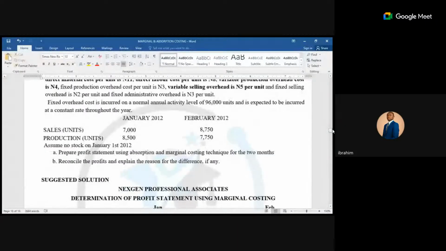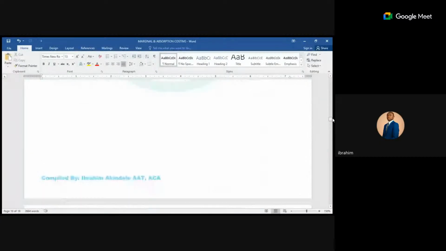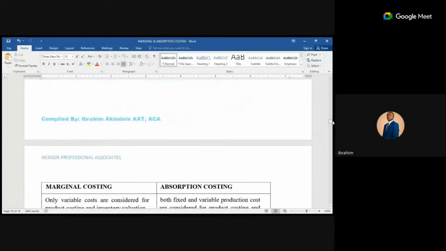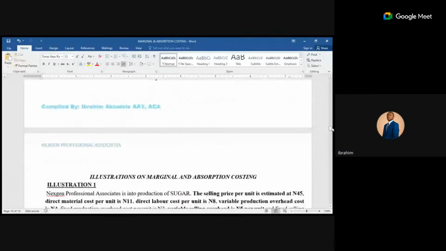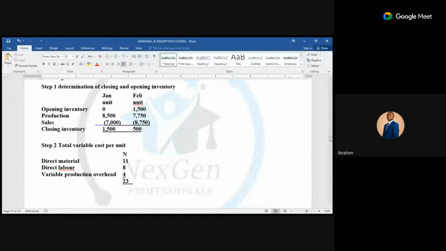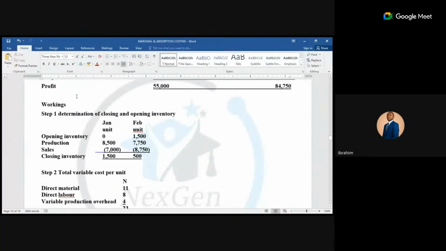As at the 1st of January, there is no opening inventory. Class, what are our steps? We don't need to determine opening and closing inventory. We've done that under the marginal costing, so I can just copy this.